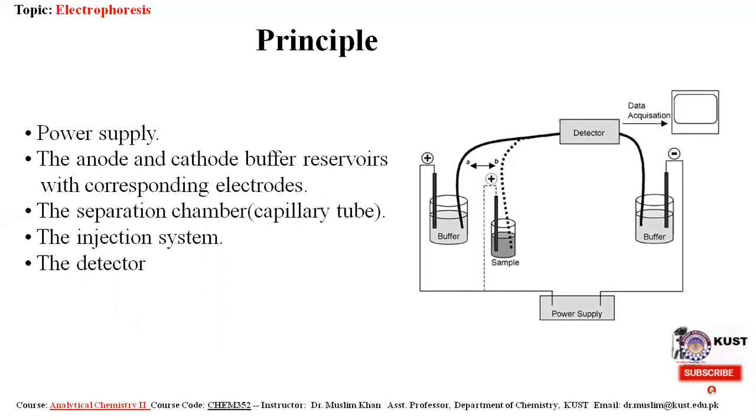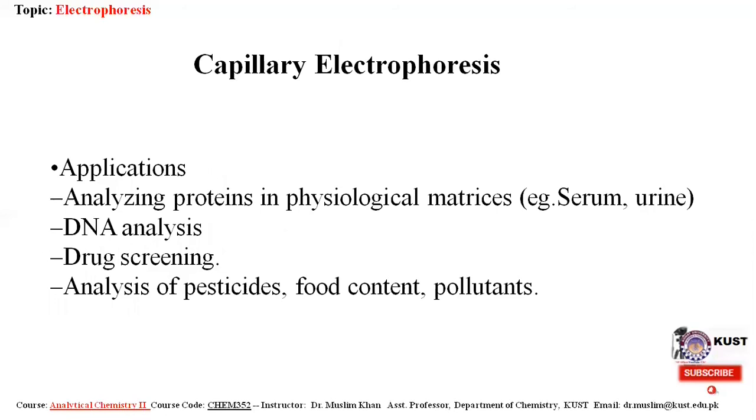And then how the differently charged bodies are moving towards their respective electrodes depends on their masses and their shape, size, etc. We will discuss that in our last lecture. So they will migrate towards their respective electrodes and then they separate from each other. The applications of capillary electrophoresis: analyzing proteins in physiological matrices like serum and urine, used for DNA analysis. This CE is used for drug screening as well.